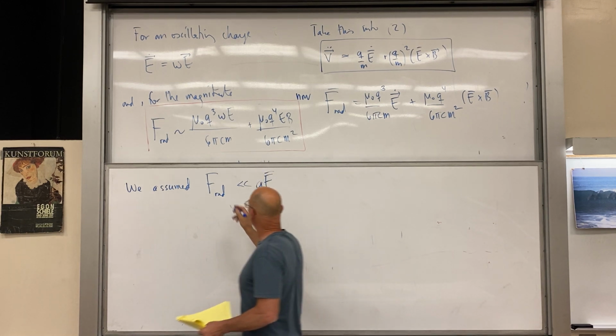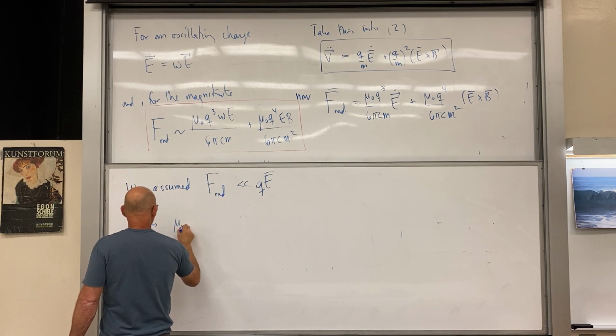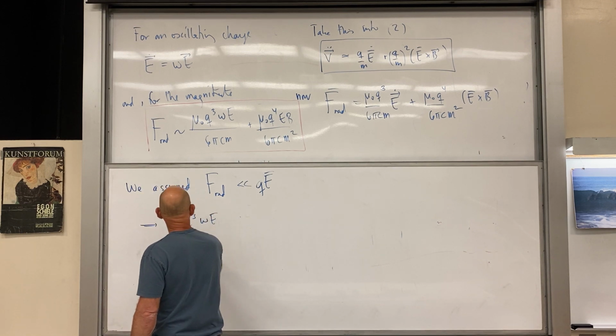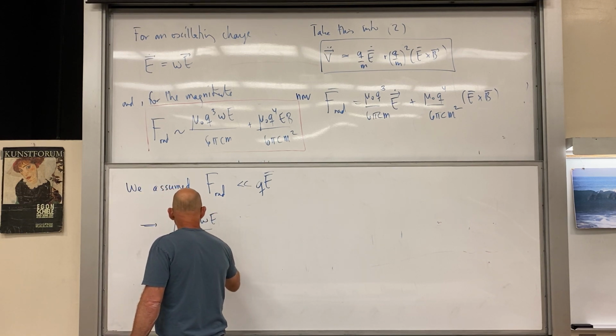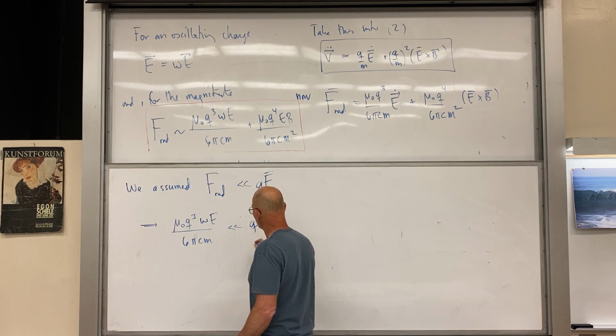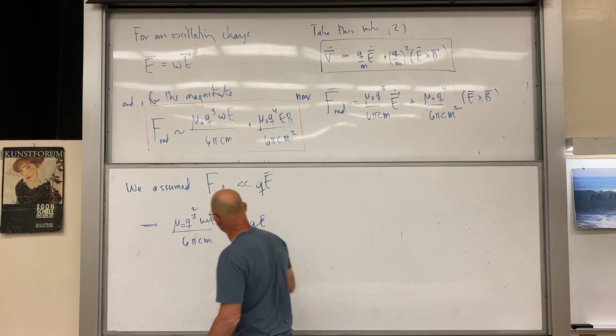So from this directly, we get mu naught Q to the third omega E over 6 pi C M much less than Q times E, and we can cancel one of the E's and one of the Q's.